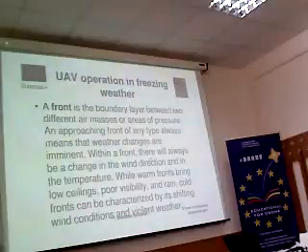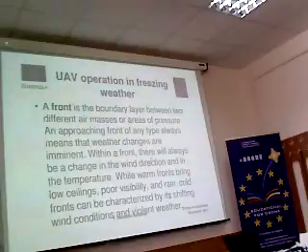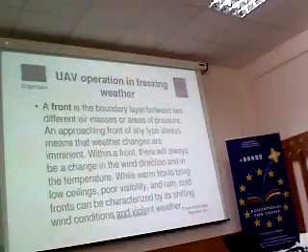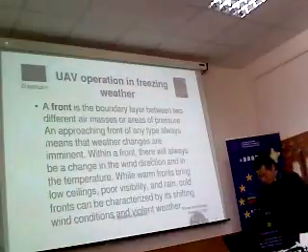An approaching front of any type always means that changes are imminent. When these two air masses meet, they differ in pressure and temperature, which causes wind.